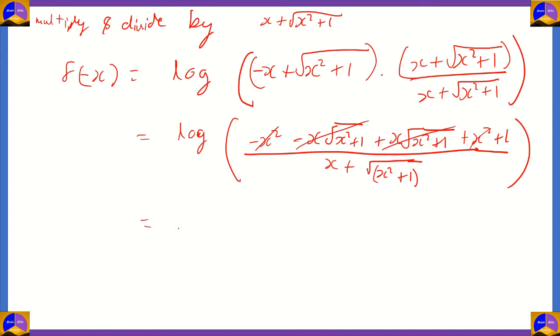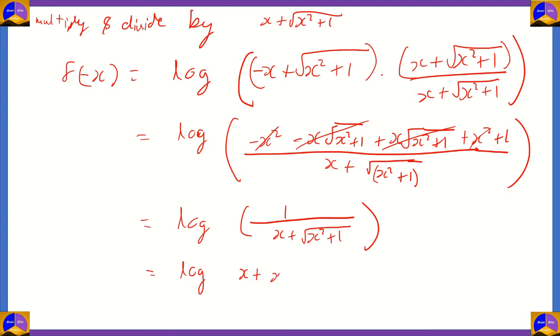So therefore, the right hand side now becomes 1 divided by x plus root of x squared plus 1. Now, this is basically x plus root of x squared plus 1 raised to minus 1. So therefore, we can write the right hand side as log of x plus root of x squared plus 1, the whole raised to minus 1.